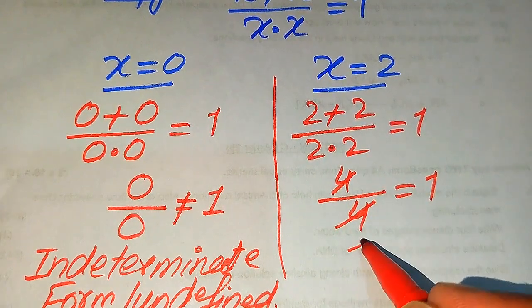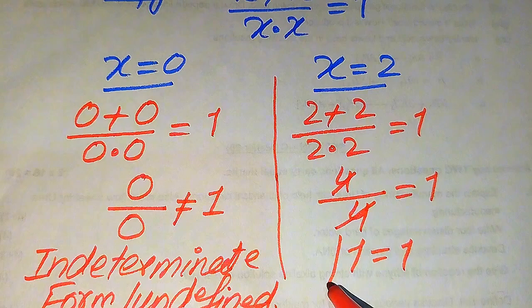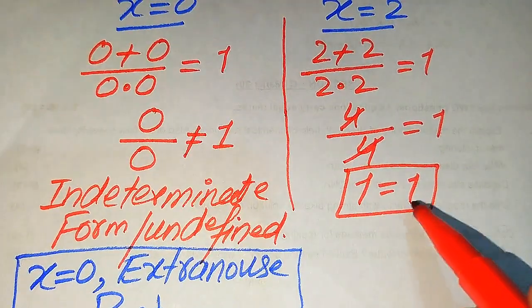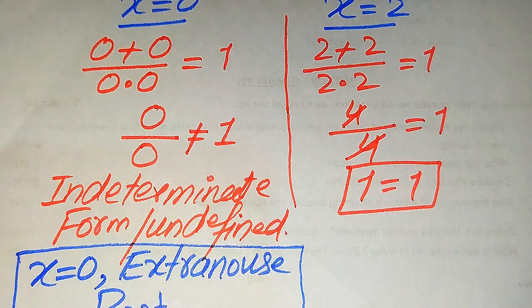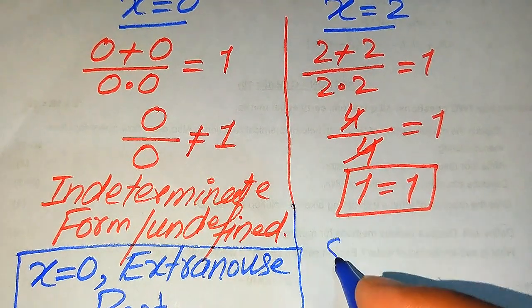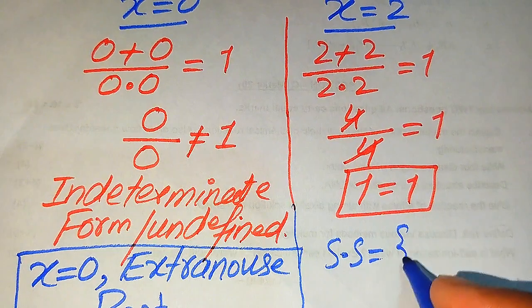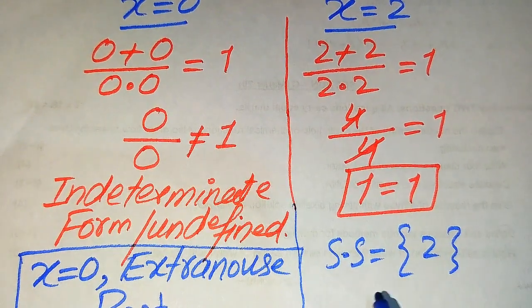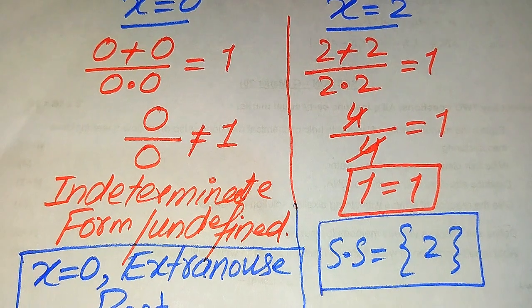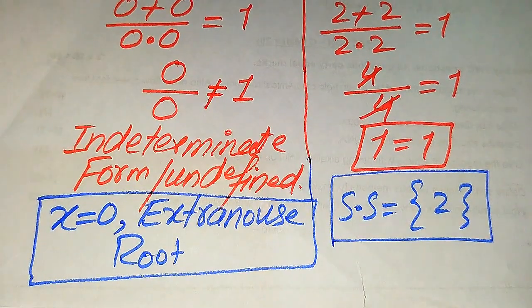These cancel out each other, and we get 1 is equal to 1. This shows that both sides are equal. It means that the value x is equal to 2 satisfies our given question statement. So we call x is equal to 2 the solution of the given equation. So this is our solution set, and x is equal to 0 is the extraneous root which we get from the first method.